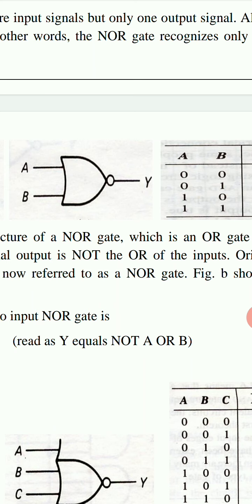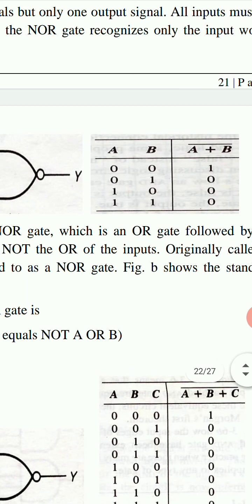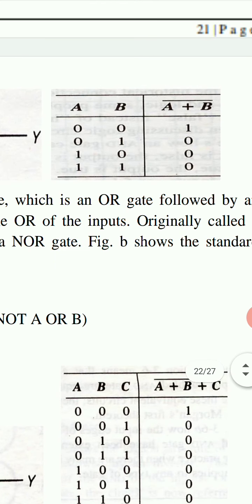NOR gate means OR gate followed by NOT gate, and its output is Y equal to (A plus B) bar. And this is the truth table for output Y equal to (A plus B) bar.